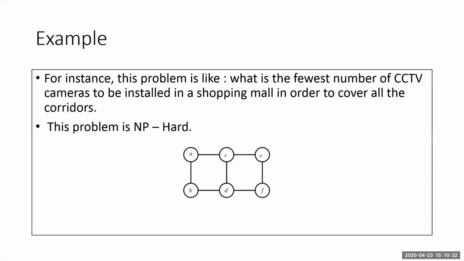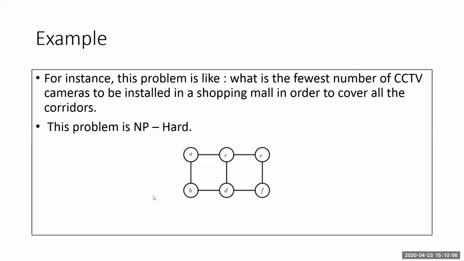Now let us look into the applications of vertex covering. One such application I have described here. You have a shopping mall, and that shopping mall needs to be installed with CCTV cameras so that it can cover and monitor the entire shopping mall.